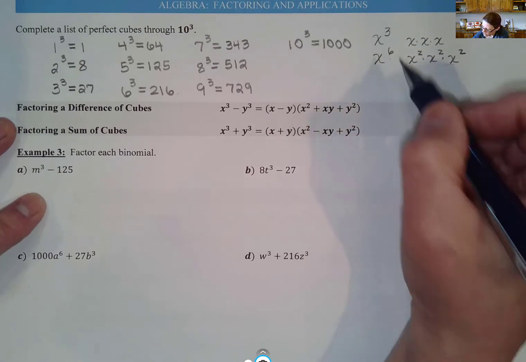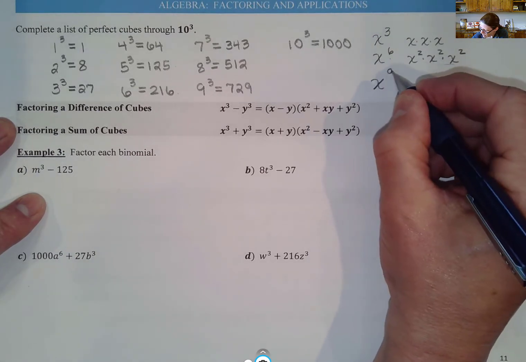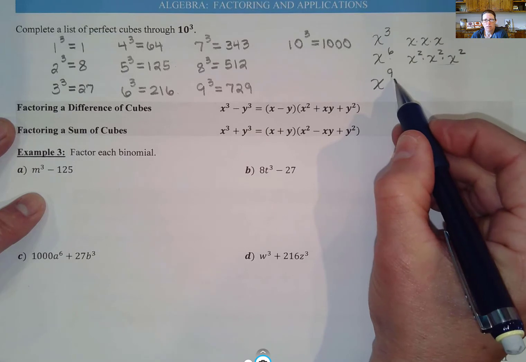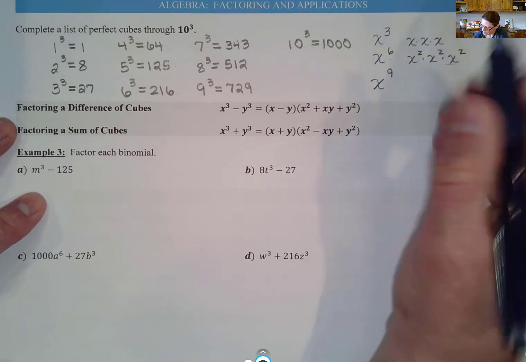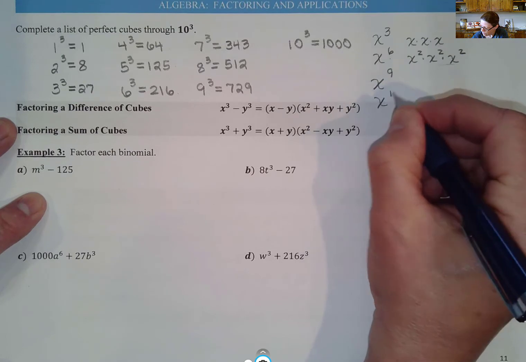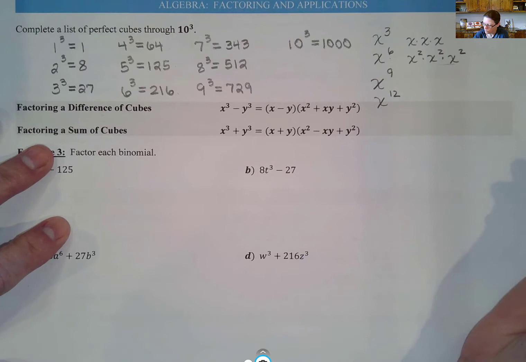And in fact, any variable raised to an exponent that's a multiple of 3, 3, 6, 9, 12, 15, and so on, these are all perfect cubes, okay?